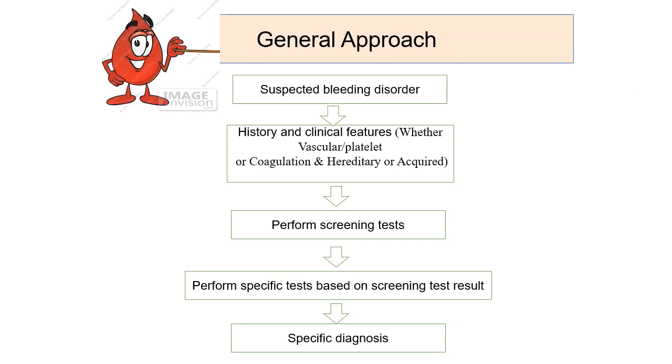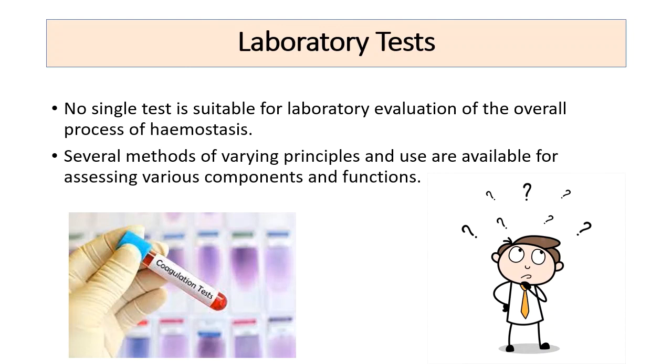So moving on to the next aspect after a good history and clinical feature, the screening tests. No single test is suitable for laboratory evaluation of the overall process of hemostasis. Several methods of varying principles and use are available for assessing the various components and functions.